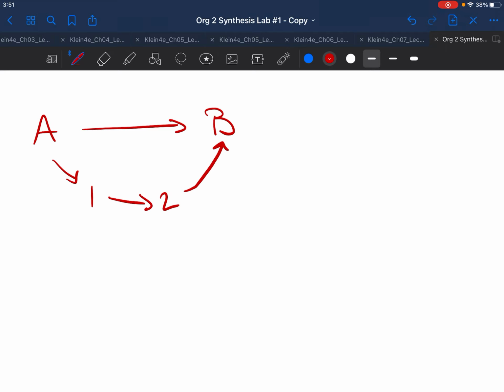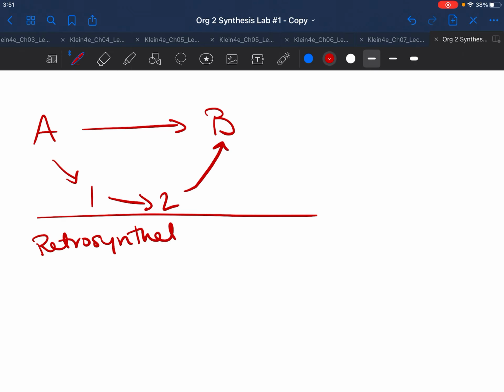And if you can see that path from the beginning, that's great. And the way we approach some of the problems today, we will do that as well. But a lot of times it is helpful to look at it in a retrosynthetic way, so to start with B and work backwards.